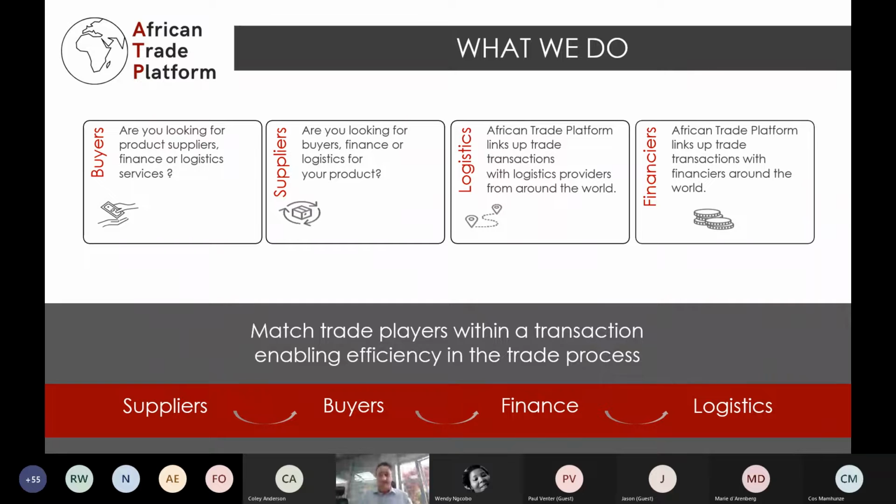And we've got stats that show that the majority of transactions actually fall through because of the financial structures or financing of the actual products, where you have a buyer and you have a seller, but it comes to a point where somebody has to take their foot forward. So either the seller needs to deliver the products first, or the buyer needs to pay for the product, or a financial instrument such as a letter of credit is put in place.